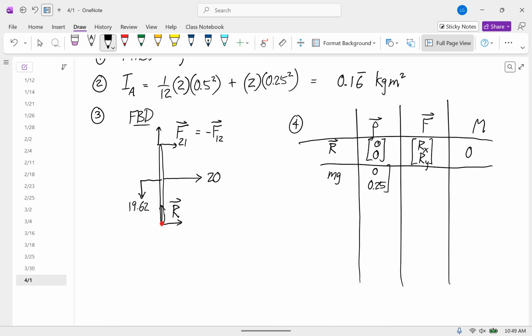And then the last one is our force, negative F12. The rho vector is 0.5. The force vector is negative F12x, negative F12y. And the cross product is positive 0.5 F12x.